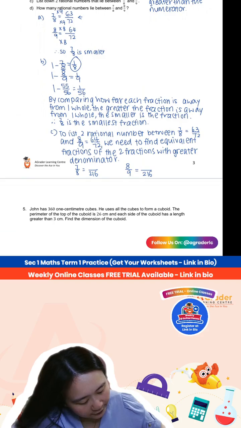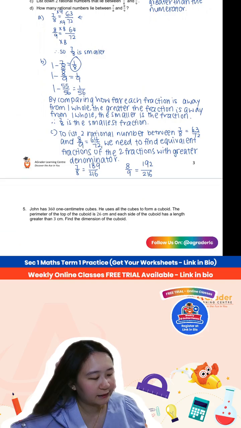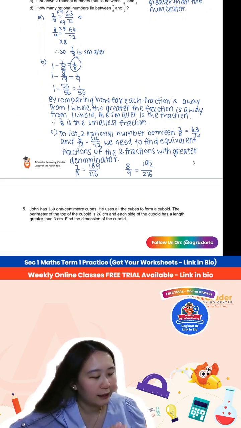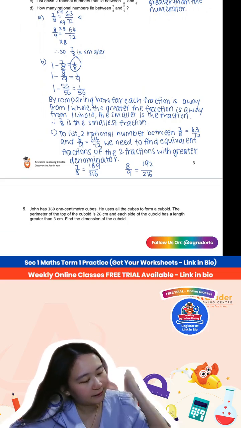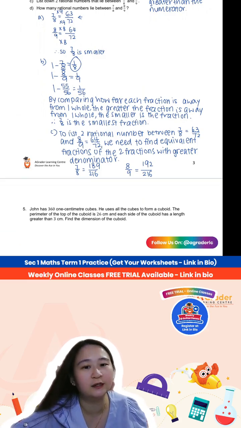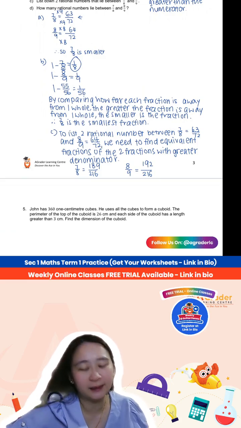So 7 over 8 is equals to 189 out of 216, and 8 over 9 is equals to 192 over 216. You can see from here, I can just list my numerator 190, 191, that is in between these two fractions. That's why I need my denominator to be greater, so that I am slicing the parts into smaller parts.